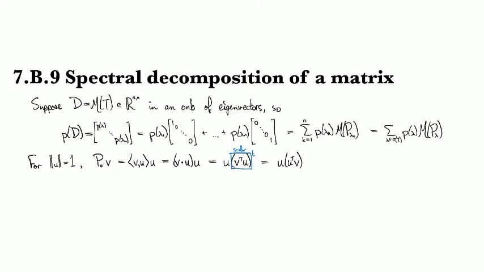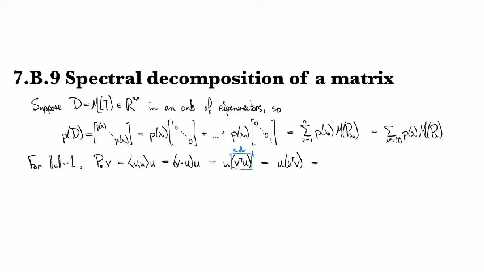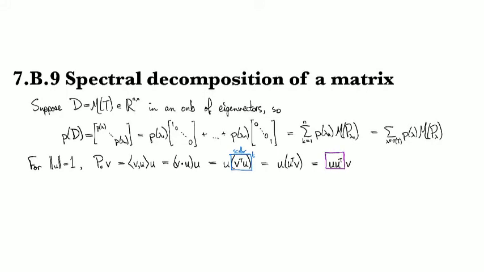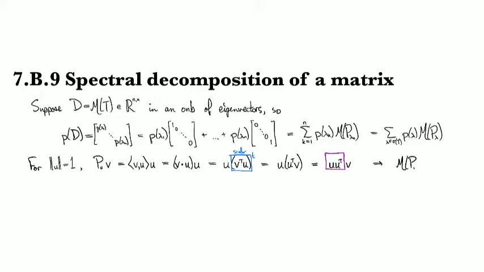In other words, this is just the symmetry of the dot product, right? But the reason why I like that is because then I can just drop the parentheses and I see right here an expression for what P_u is. So this tells me that the matrix for projection onto u is actually u u transpose.